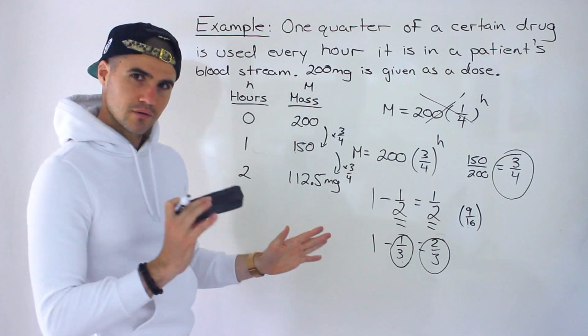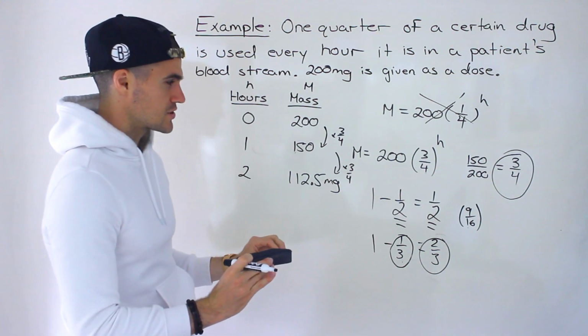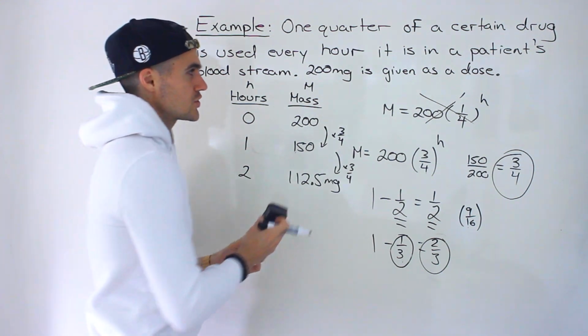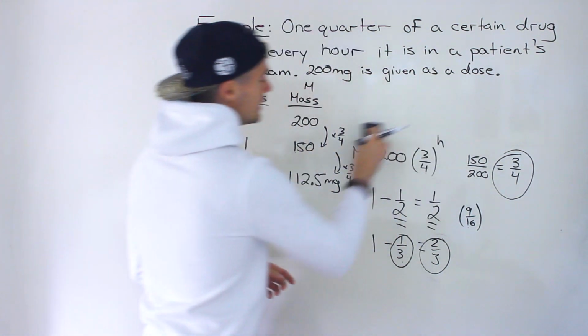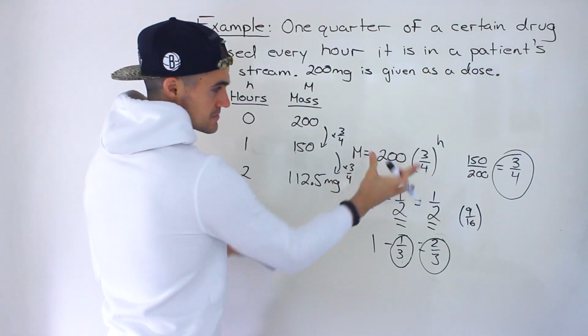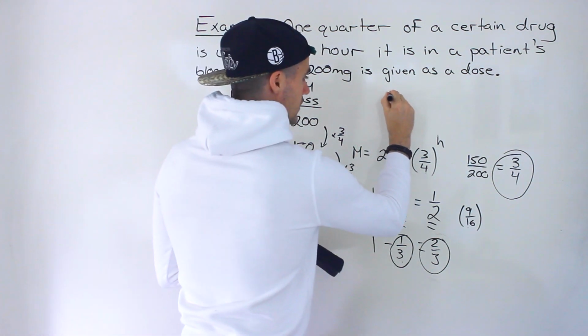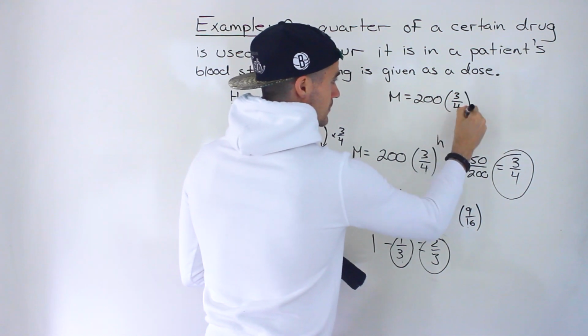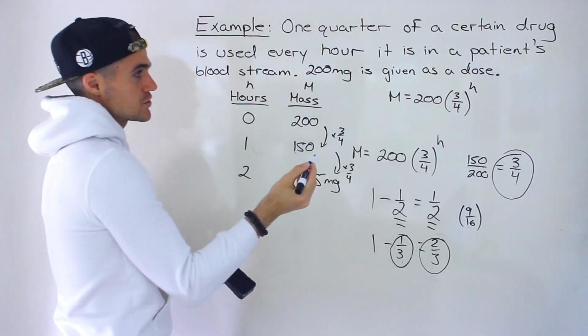All right, so kind of tricky to understand. Hopefully you understood that explanation. You may have to rewind it and watch it again. It's kind of tough to explain. It's just that in this case, it is still an exponential problem, right? The equation that we end up having is an exponential equation.